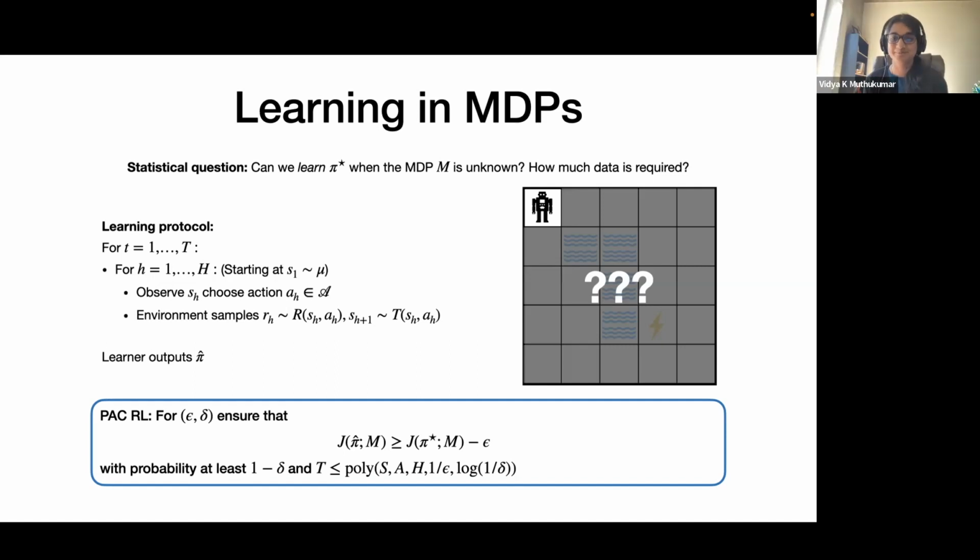You roll out capital H steps where the dynamics are evolving as they are, and then you reset to the starting distribution for the next episode. Great. And things will become more difficult, I guess, if you are not allowed to do the restarting at all.